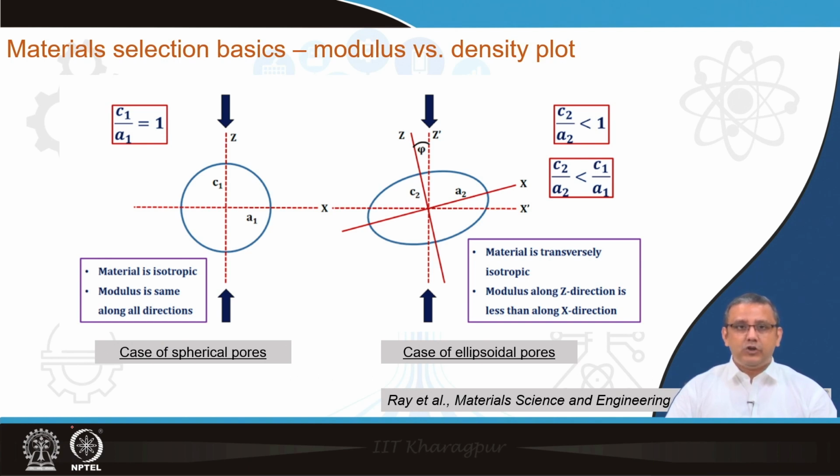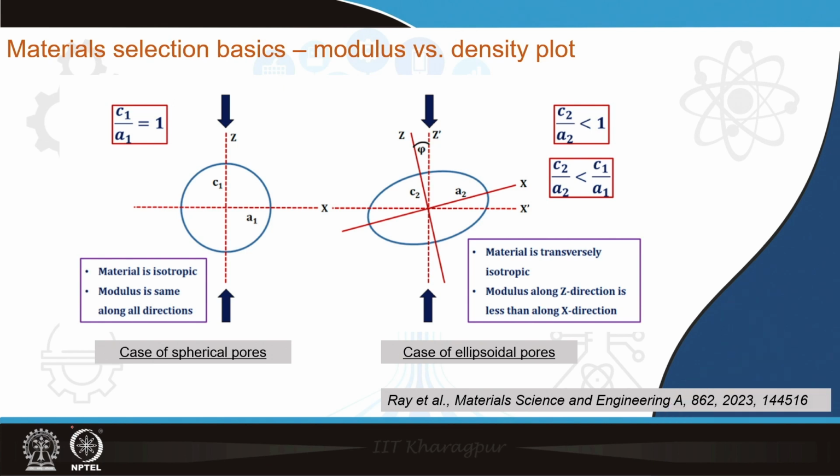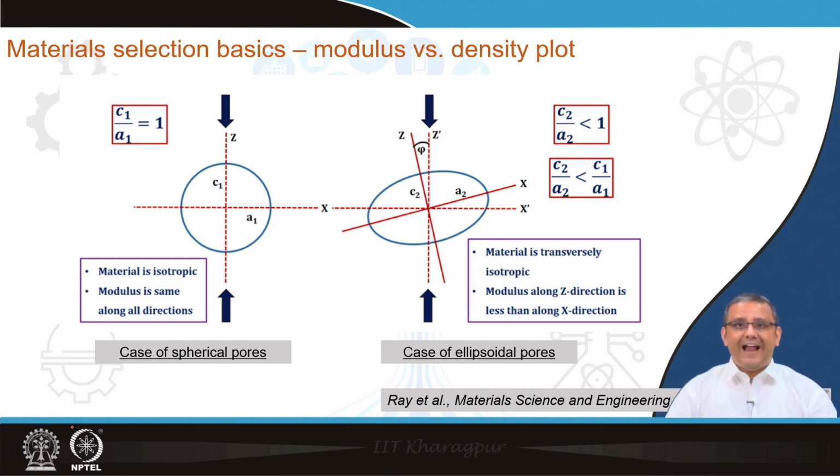Isotropic means that the Young's modulus is the same along all directions. However, very often we come across situations where the pores are not exactly spherical as is shown on the left hand side, rather the pores are ellipsoidal. That means they might be flattened, they might be elongated and so on. In this particular scenario, the pores are flattened along the z axis. So, what you get in this particular case?